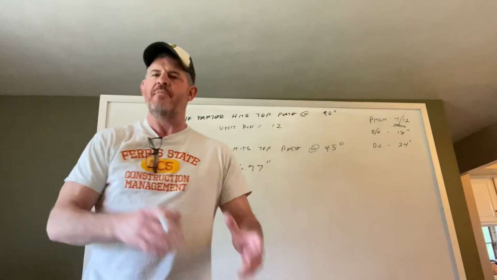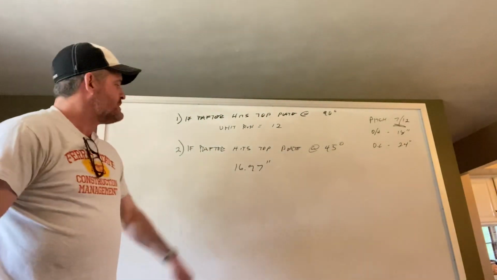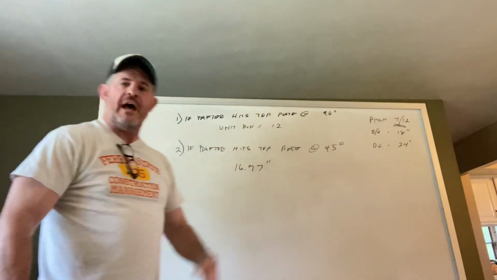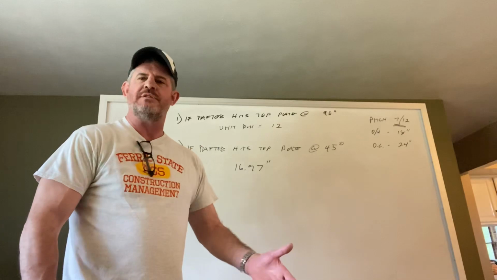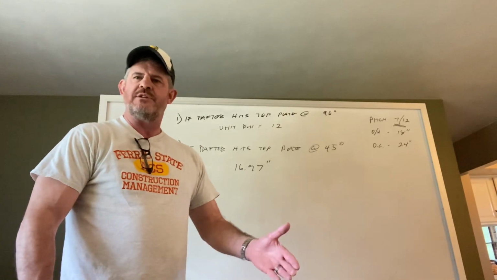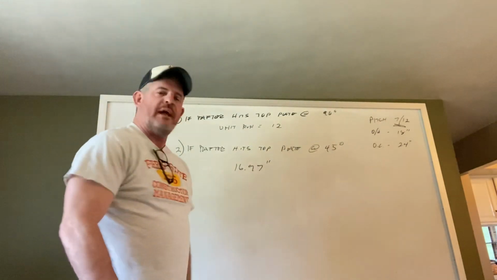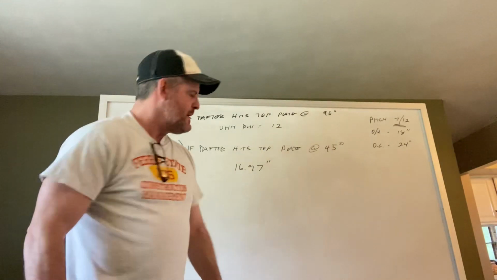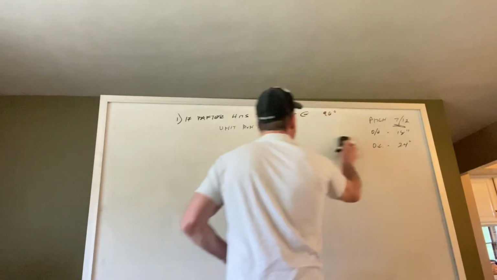Again, because it's the hypotenuse of that 12 by 12 triangle. Hopefully everybody is understanding that geometrically. If not, as we continue to do the math and you continue to study the prints, looking at each little roof plan that I give you, hopefully that will start to make more sense. So that means we can move forward with some more math.